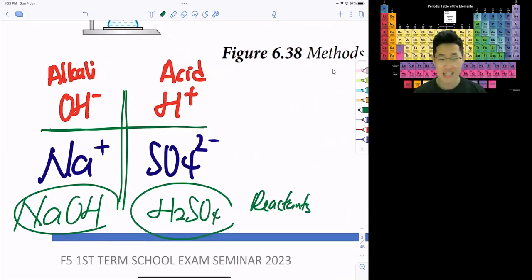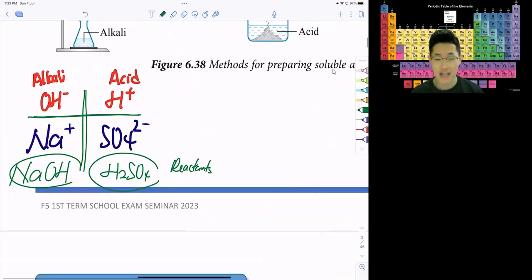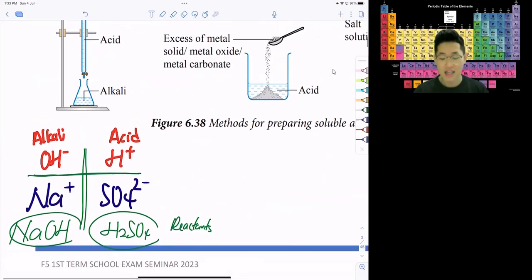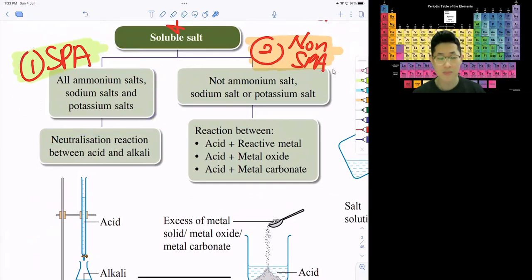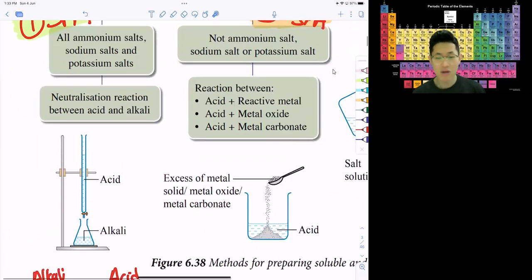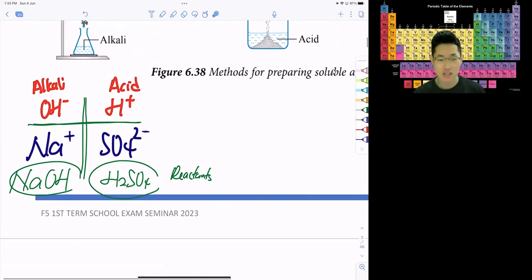Anyone cannot understand this part? Okay, I give you another example. I mean, sorry, you all give me another example. Can I have one more example of soluble spa salt? Give me one example of soluble spa salt, and I will find you the reactants. You give me example, I give you reactant.